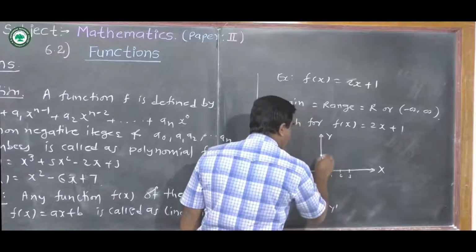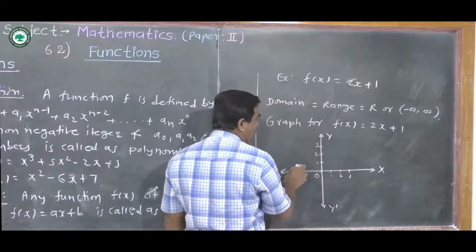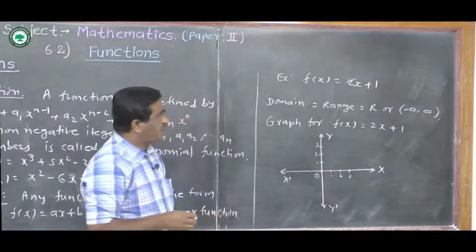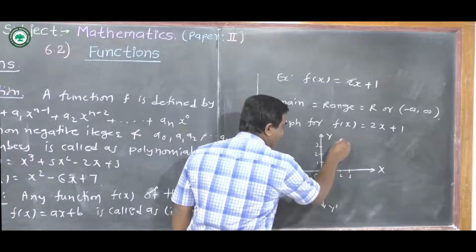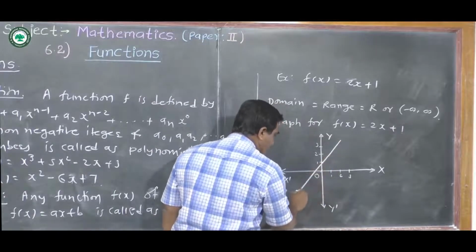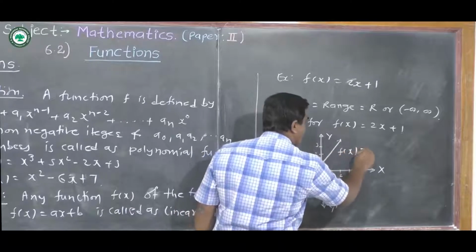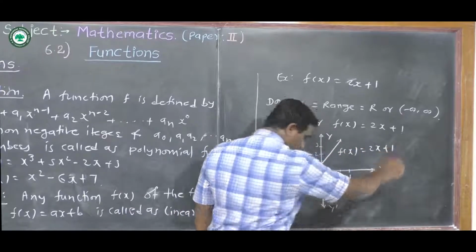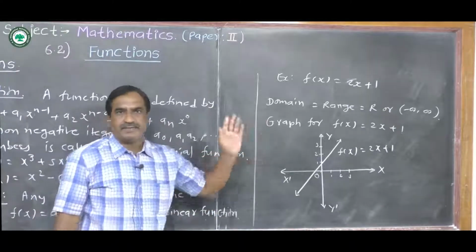Here also 1, 2, 3. And graph for this linear function f of x equal to 2x plus 1 is like this. Okay, this is the graph for linear function.